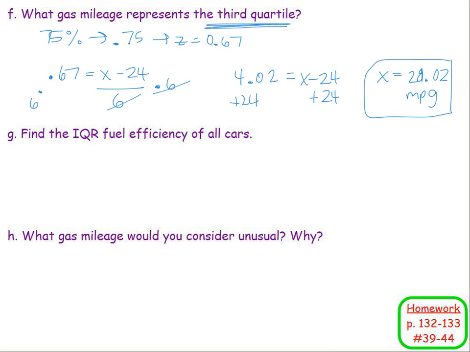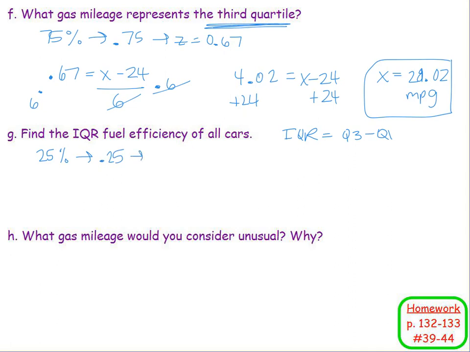Find the IQR of all cars. Well, if you remember, IQR is always Q3 minus Q1. Well, we just found Q3. Well, we still have to find Q1. Well, I just got through saying Q1 is always 25%. So if we treat it the same way we treated Q3, that's a 0.25.